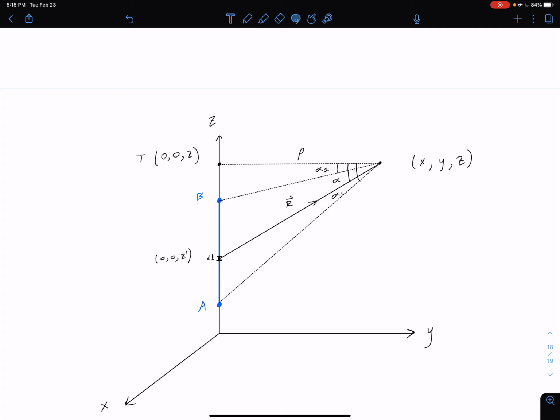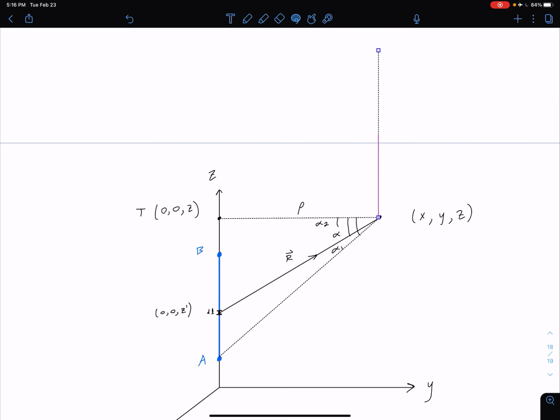So for instance, if our B is moving up, then this alpha 2 angle is going all the way up here, and our alpha 2 is going to end up being negative pi halves. So of course, as it gets further and further up, we're going to eventually be doing something like this, and our alpha 2 angle is going to be negative pi halves.